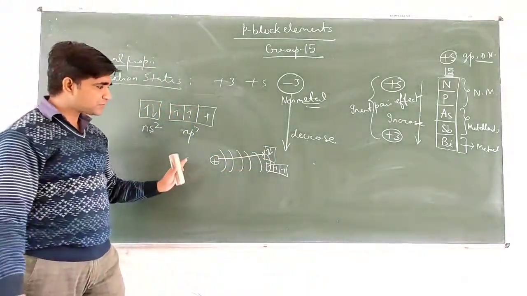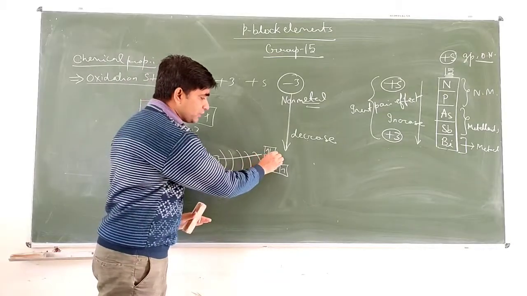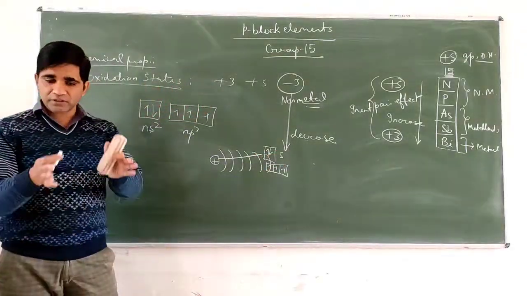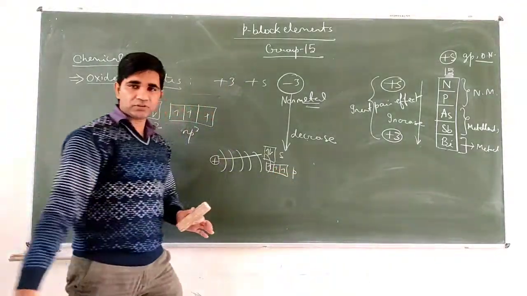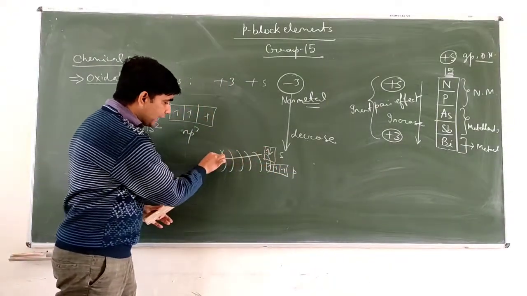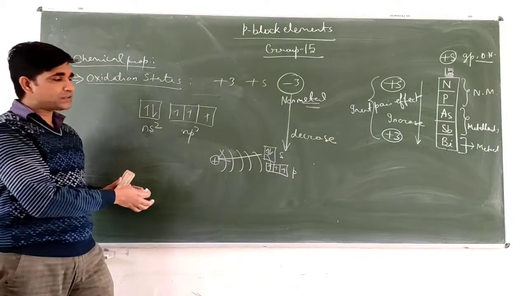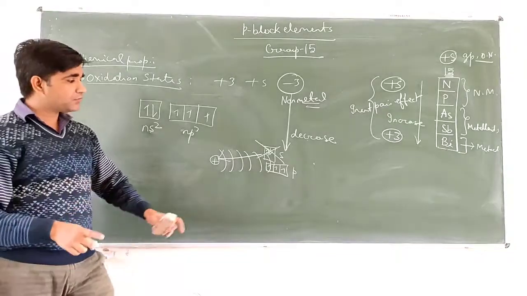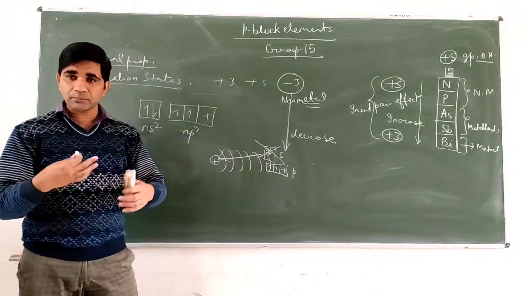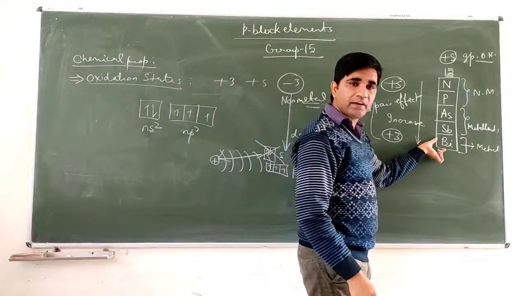And then these s electrons, which are present in the small orbital, the p orbital being comparatively larger, are attracted more towards the nucleus and remain inert for bond formation. So only 3 electrons can make bonds for the heavier elements.